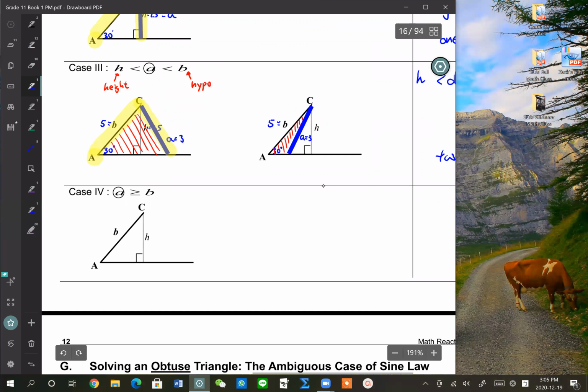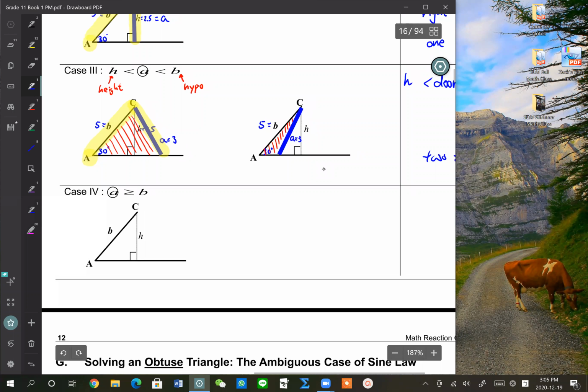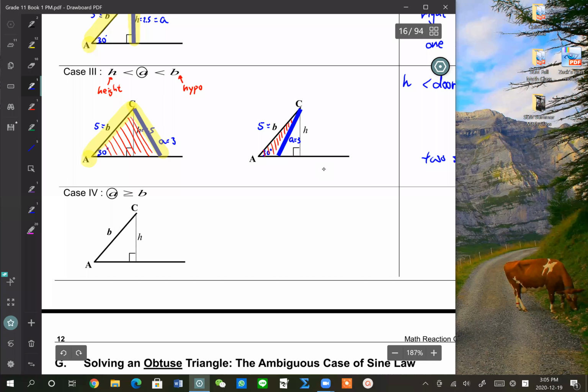Let me know if you have questions. Does everyone understand why we get 2 triangles? Chris and Harry, do you have any questions about case 3?